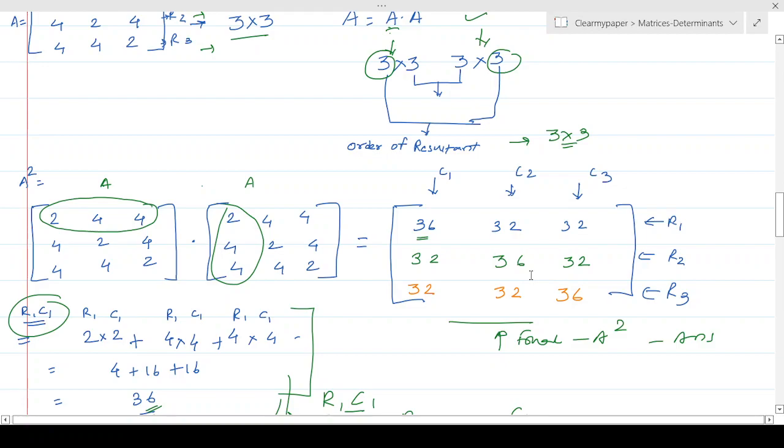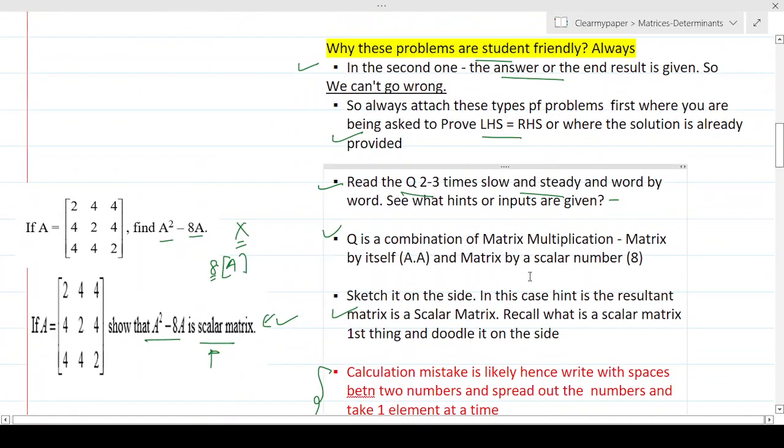If you don't find it, fix it then and there, and then you can secure your 4 marks on this problem. If it was this problem, I think you have to just trust your luck that you haven't made a mistake. That's why I try to avoid this. But in this case, since the answer is given, you can secure your 4 marks because it's a scalar matrix. There is no other way to go about that. You cannot go wrong. Even if you go wrong, you can fix it, guys. So that's your 4 marks coming straight up, guys.